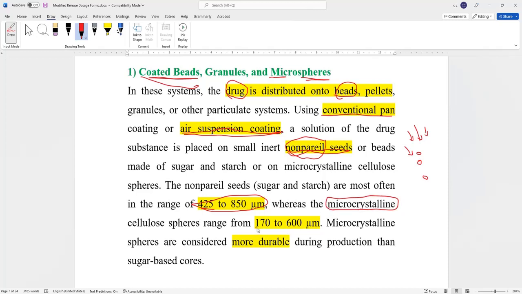It gives us a size from 170 to 600 micrometer. Again, it's not very far from the nonpareil seeds, but the good thing about the microcrystalline is that it's more durable during production. يعني we can produce these spheres from microcrystalline easier compared to the production of nonpareil seeds.